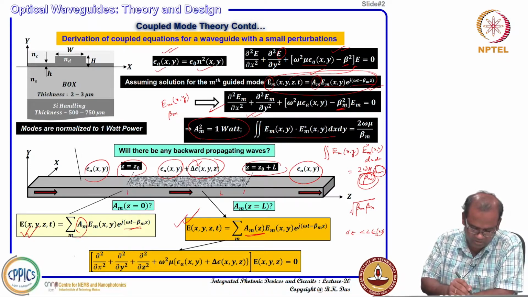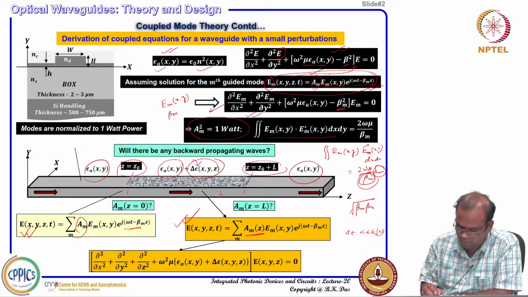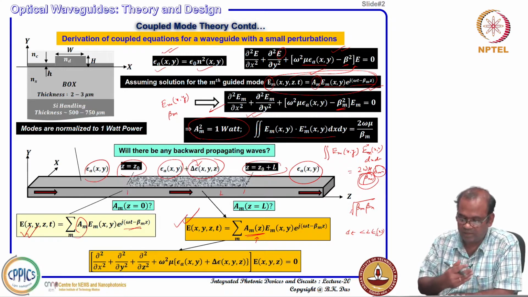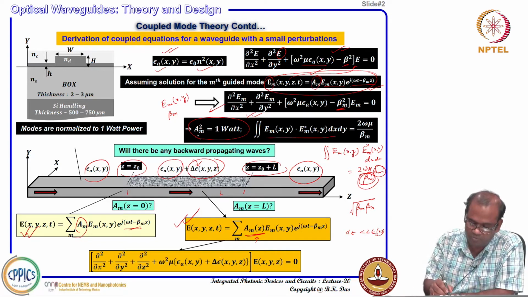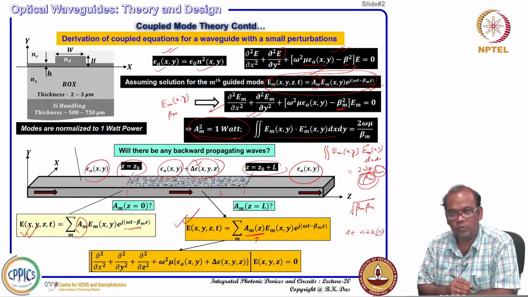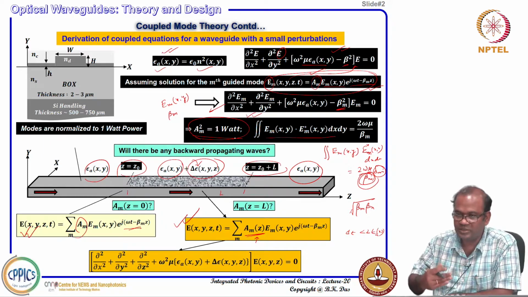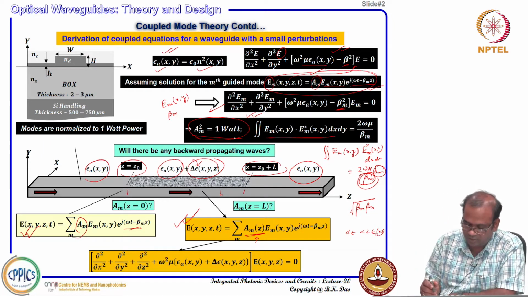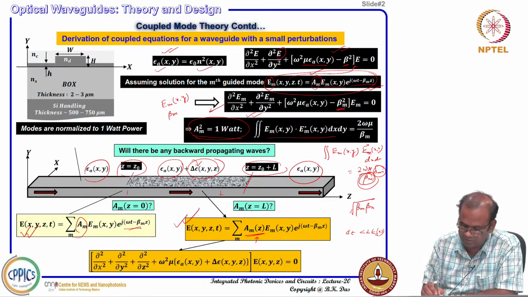When there was no perturbation, the amplitude was constant. Now every mode, the mth mode, will have a z evolution. As a function of z, the field amplitude can vary. So if all the modes start with 1 watt, in the perturbed region they will exchange power and can be different after travelling. When reaching z equal to z naught plus L, you can see some different value.